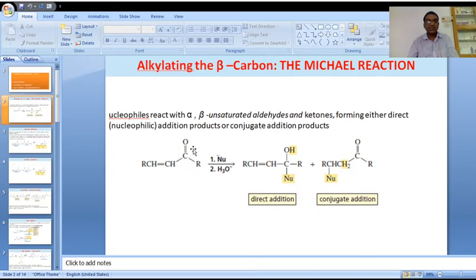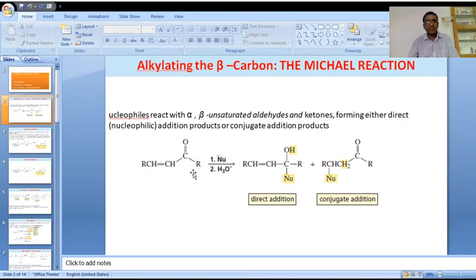Here there is a carbonyl functional group. Adjacent to this functional group, the first carbon is the alpha carbon, and the next carbon is the beta carbon. In between these two there is an unsaturated pi bond.